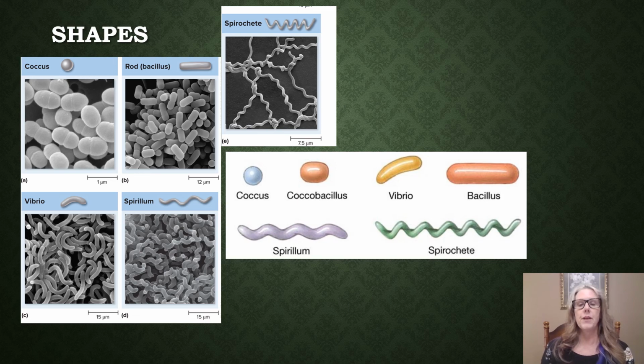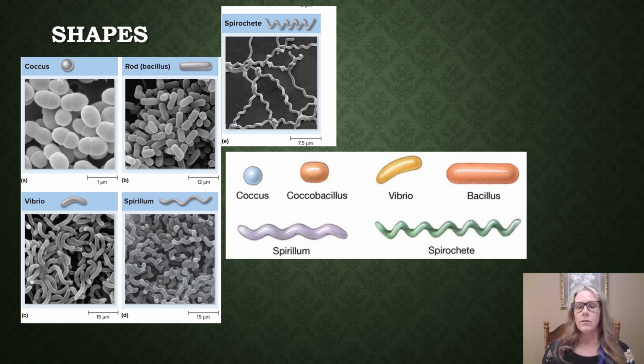So you see a picture of a green spirochete there, and above that picture, at the very top of your slide, you'll see those spirochetes. So those are kind of cool. So these are the various shapes that bacteria come in, and I should point out these are the most common shapes that we find bacteria in.